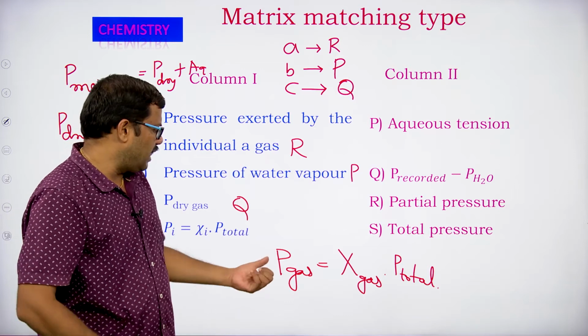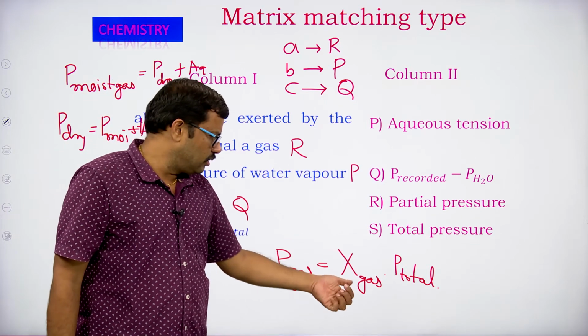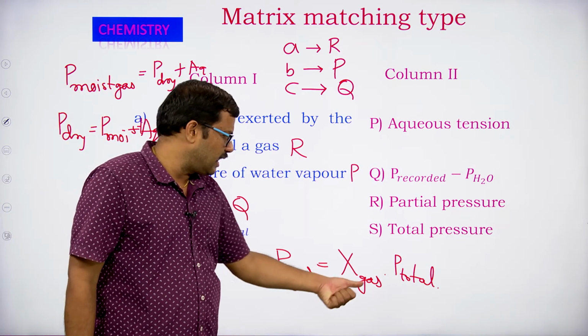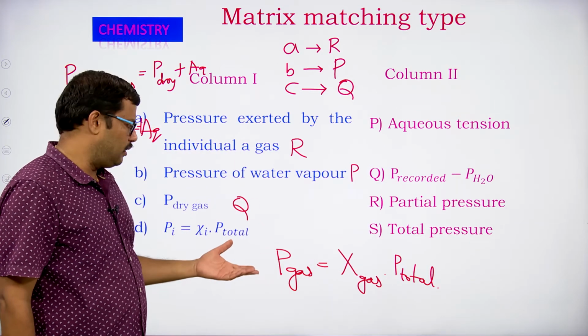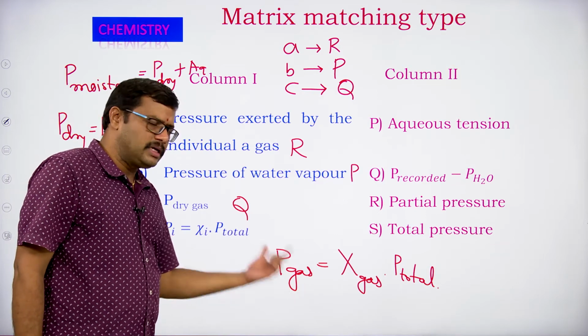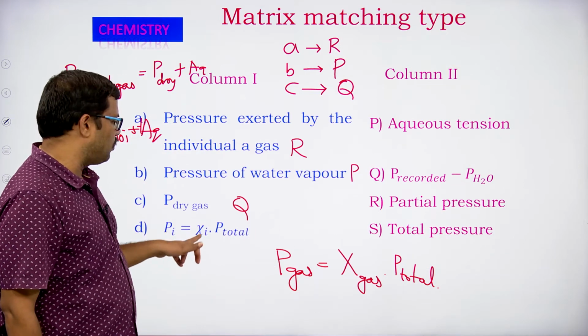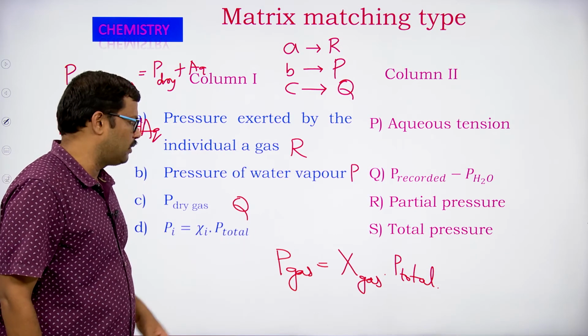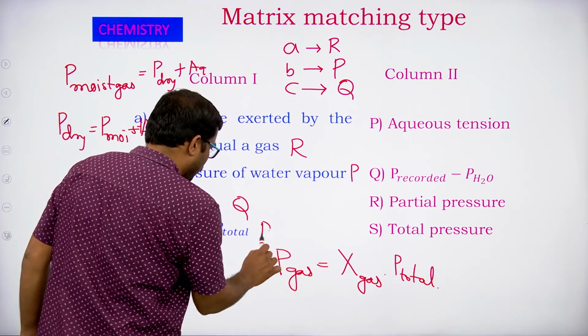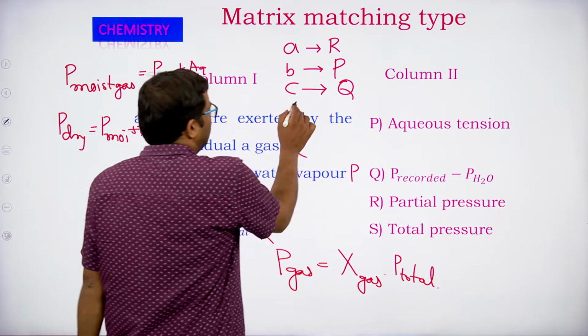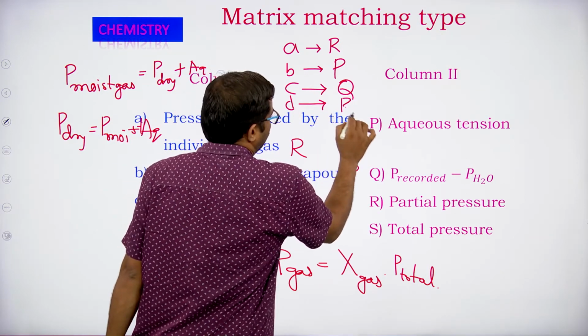So, partial pressure of a gas equals mole fraction of the gas into P total. So, this is partial pressure. So, we can take the partial pressure as R. Okay, this is R. So, D also correlates to R.